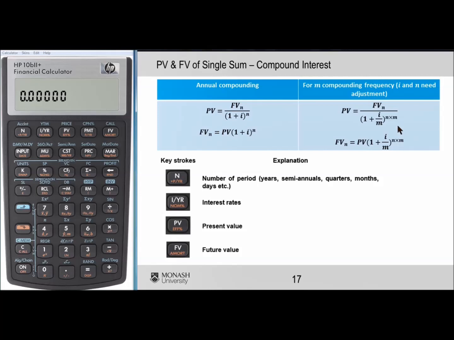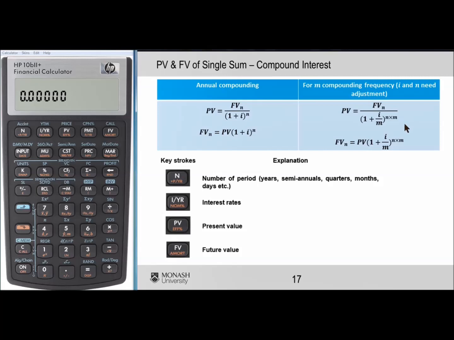Note that the difference between the left column and the right column is that for M compounding frequency, we need to adjust the interest rate by dividing the nominal interest rate I by M, making it the interest rate effective for that particular period. And we also need to adjust the number of years by multiplying by M, making it the number of periods.